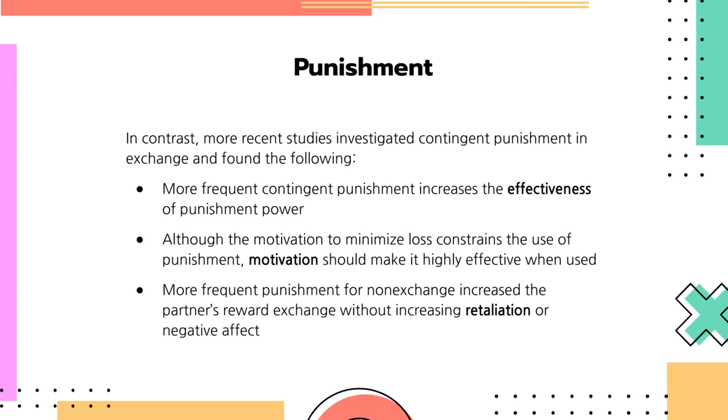So more frequent punishment specifically for non-exchange. So for someone not engaging in an exchange with you, it actually increases the partner's reward exchange without increasing retaliation or negative affect. And so these are some things to keep in mind.